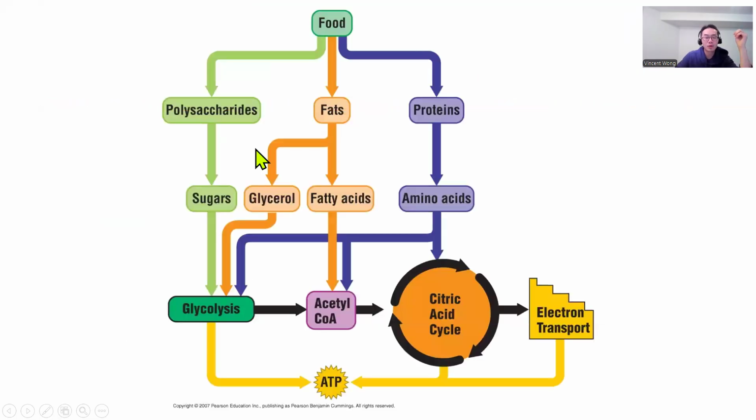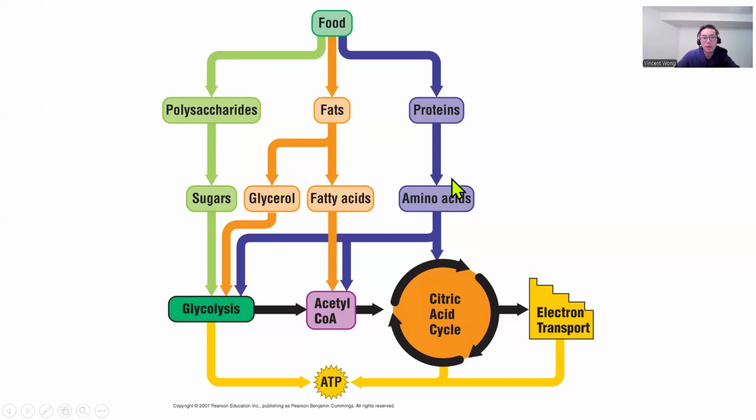This diagram shows you that the fats can be broken down into fatty acids and glycerol. You should know this already. And we can feed the fatty acid and glycerol into different points of cellular respiration. Fatty acids can be chopped down into pairs of carbons and converted into acetyl-CoA, and then it will continue to the Krebs cycle. For the proteins, there are 20 different amino acids.